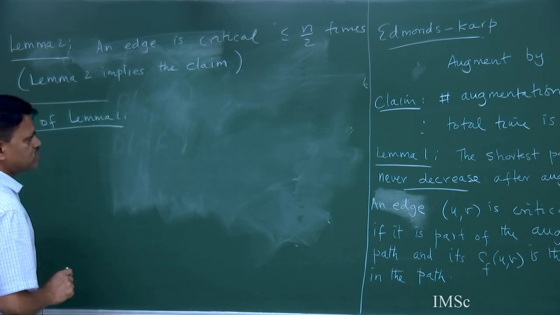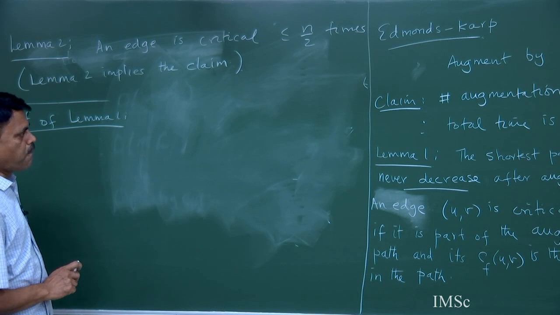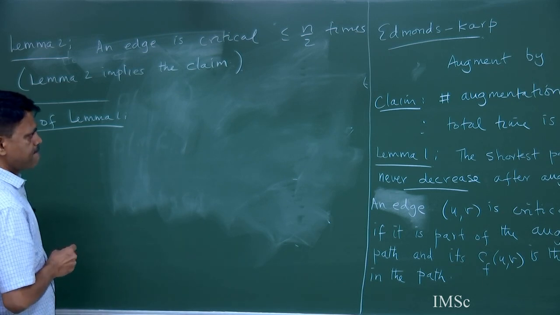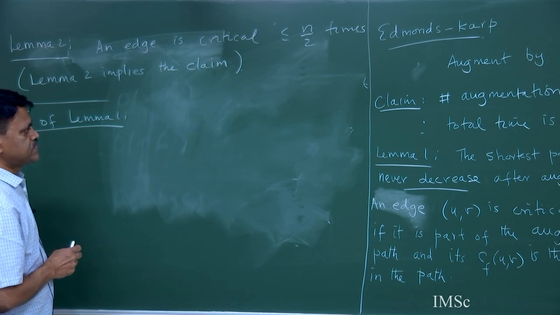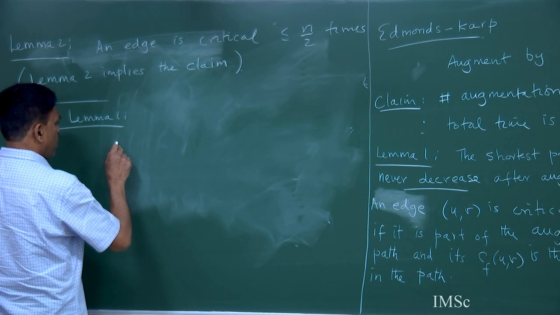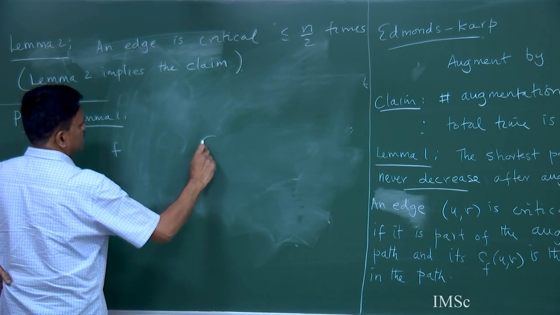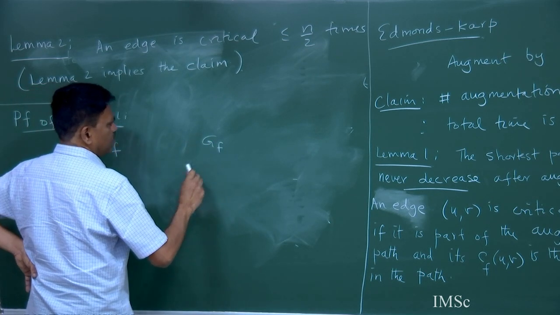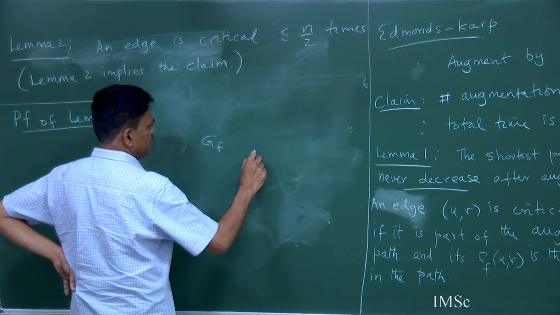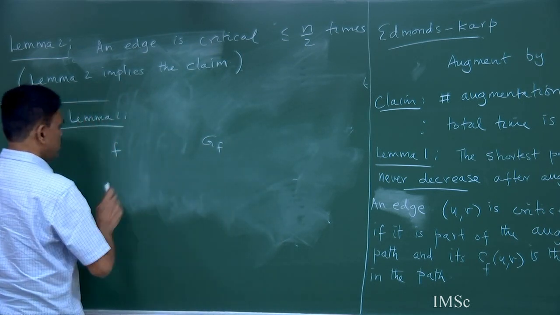Okay, so suppose you have a flow F, and here is the residual graph, and there is a vertex V.